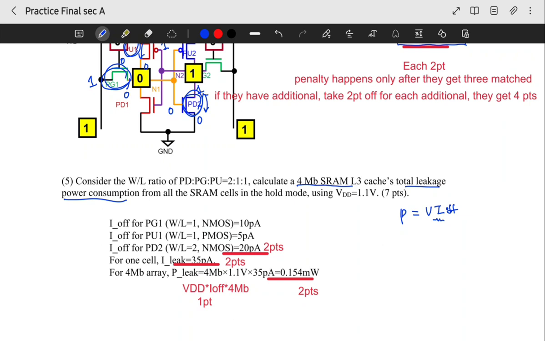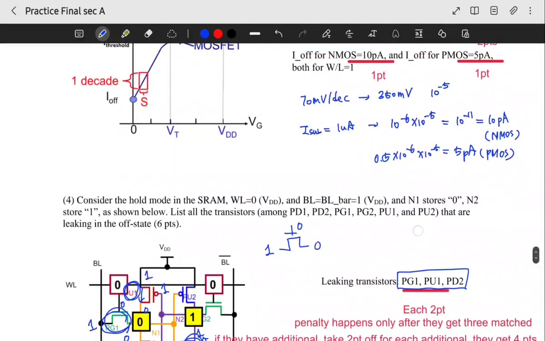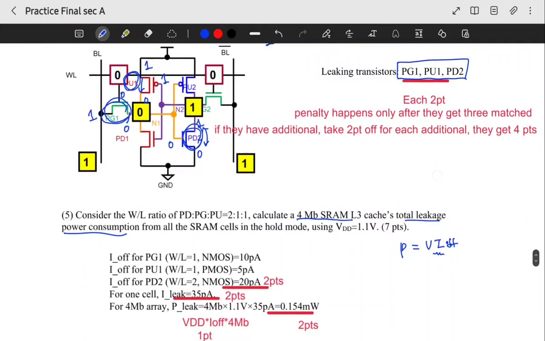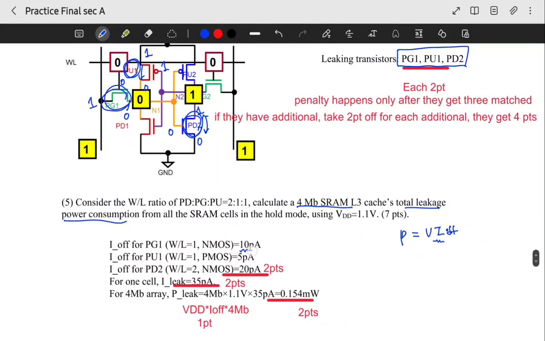Since the PG1 W/L is equal to 1, and it's NMOS, we already calculated here it is 10 picoamp. So we use 10 picoamp for the PG1, and PU1, the W/L is 1, but this one is PMOS, so we use 5 picoamp.